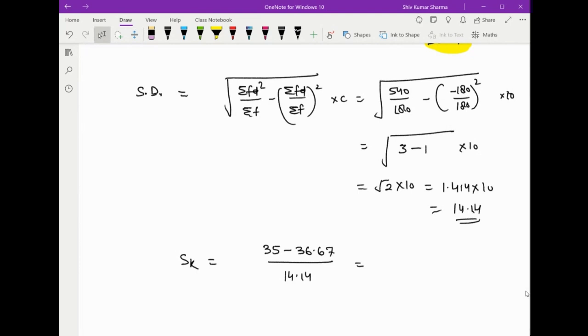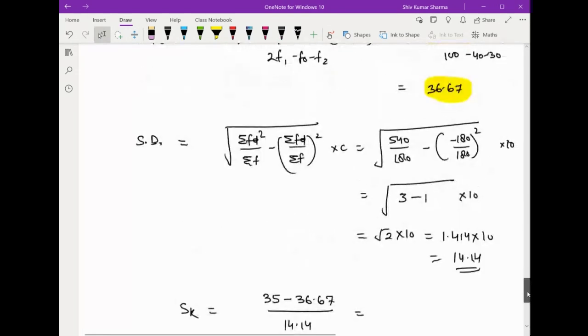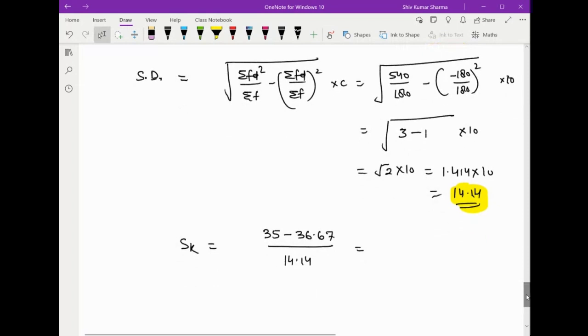Negatively skewed, obviously. So what is the value? Okay, very good.